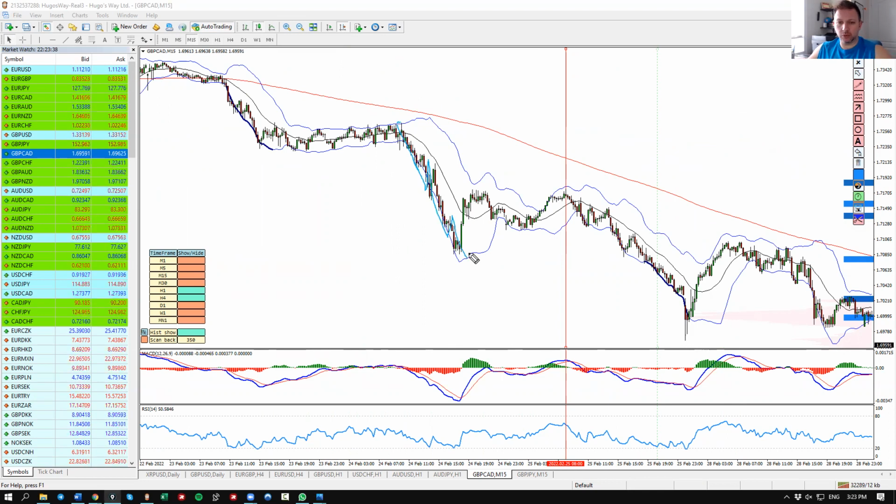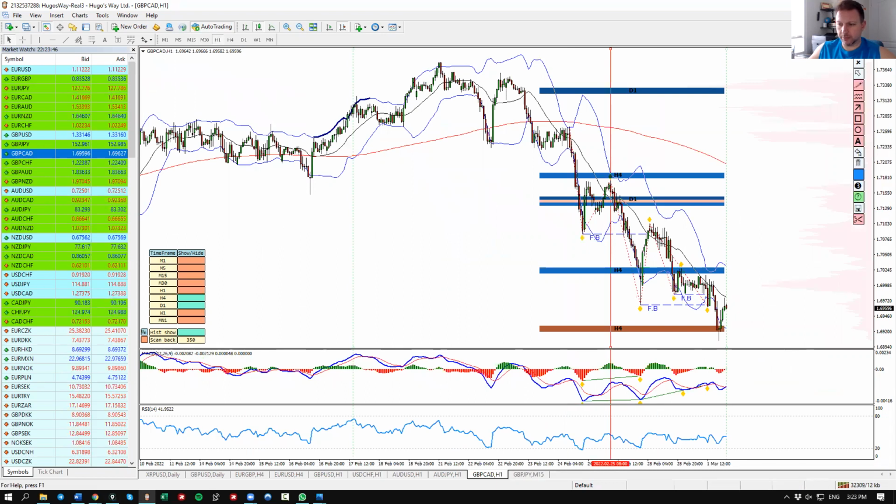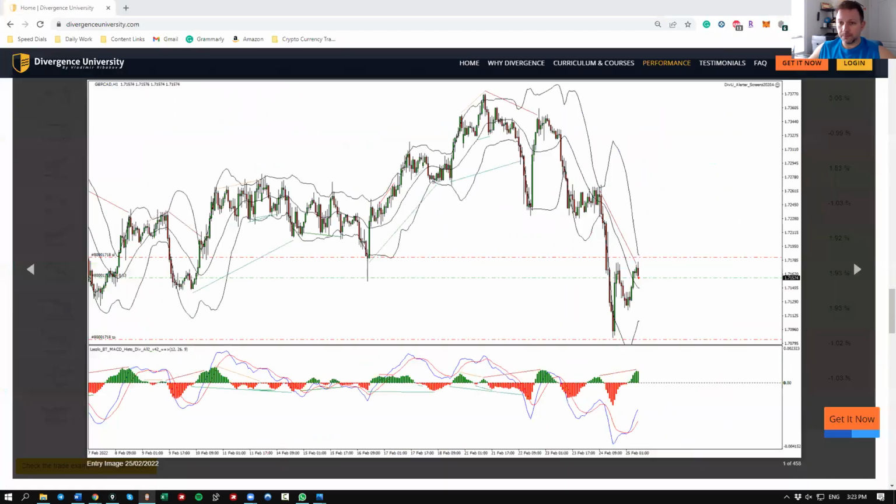Making the pullback would be our idea to look for sells. Now, let's go back to the 1 hour chart because I want to discuss important things here. So we got a pullback, and here is a hidden divergence created in this case from these highs because we do have the trending structure.